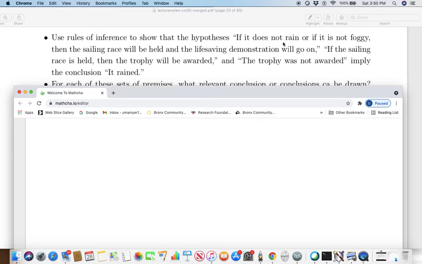Let's say P is it rained. Q, it is foggy.